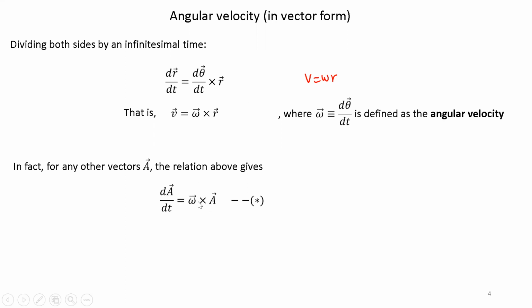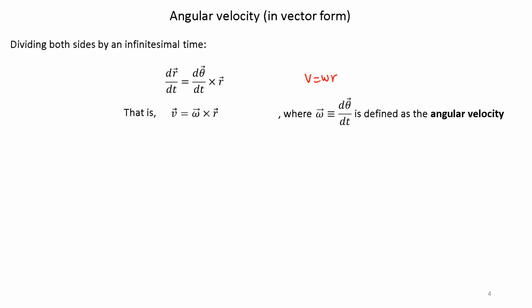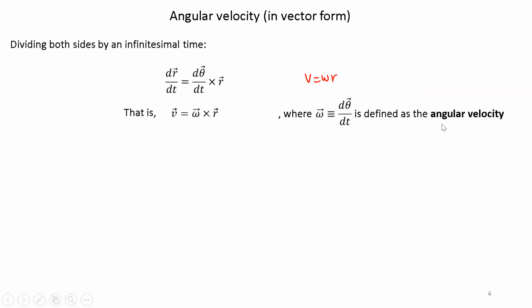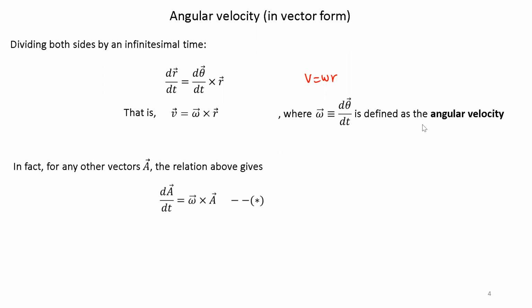Here I'm assuming that the magnitude of r is not changing over time, as you see from my argument here. So the only time dependence is due to the rotation itself. Then I can write it this way.